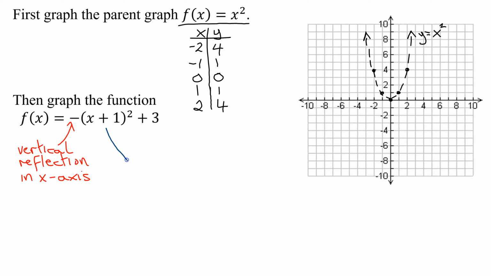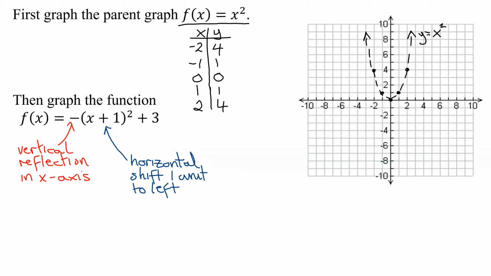Then I have this plus 1 inside, and anything inside is a horizontal effect. Adding and subtracting always shifts the graph, but when it's inside, it does the opposite of what you think. Plus 1 you think would make it shift to the right, but it's actually going to shift it 1 unit to the left.